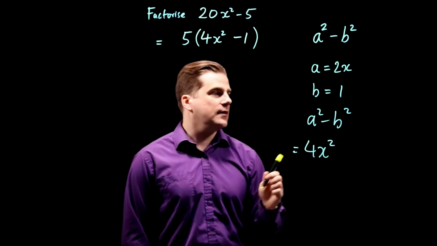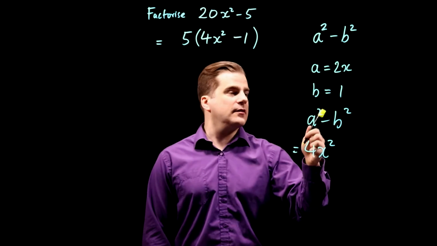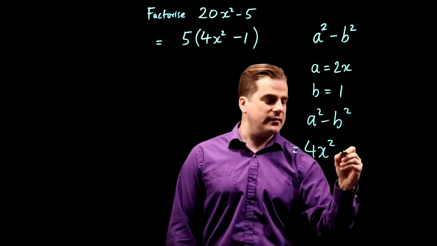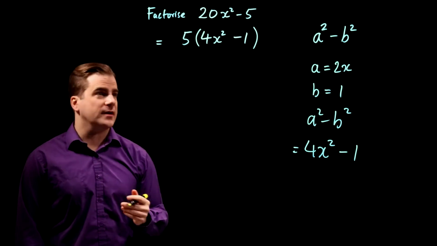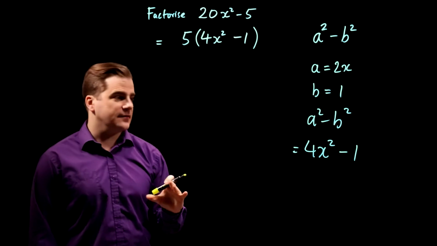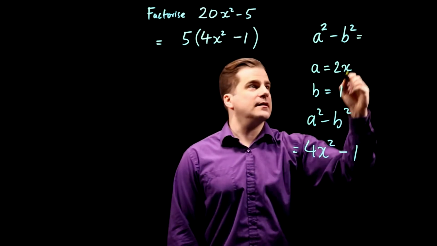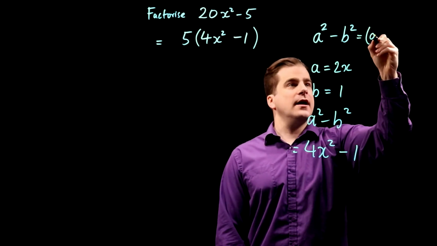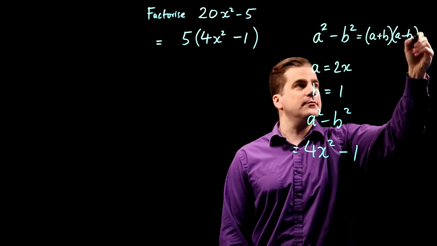B is 1, so b squared is 1. So a squared minus b squared is 4x squared minus 1. You can see it's in the form a squared minus b squared. And whenever you have a difference of two squares, you can always factorise it immediately. It's equal to a plus b, in brackets, times a minus b.